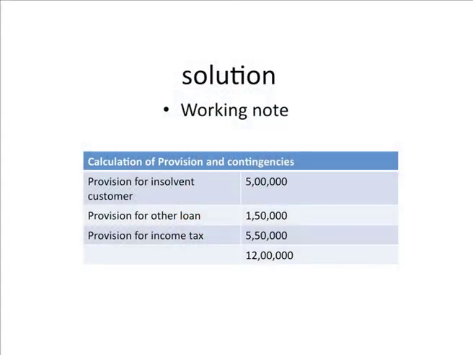Provision for other loans which is suggested by the auditor, we need to prepare it, that is 1,50,000. Provision for income tax was given in the additional information for 5,50,000. Aggregating 5 lakh, 1,50,000 and 5,50,000, we have provisions and contingencies total of 12 lakh.